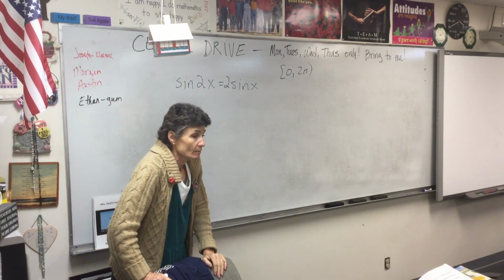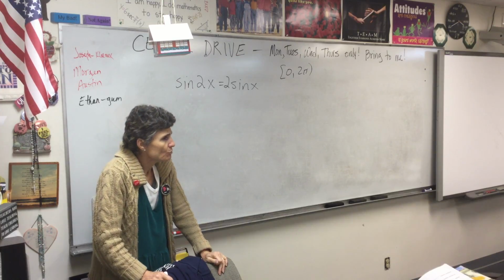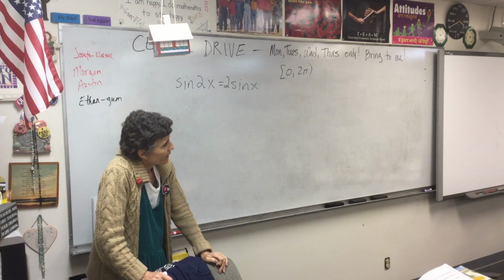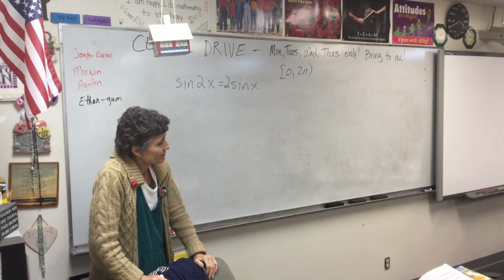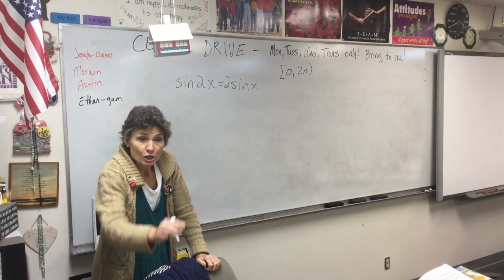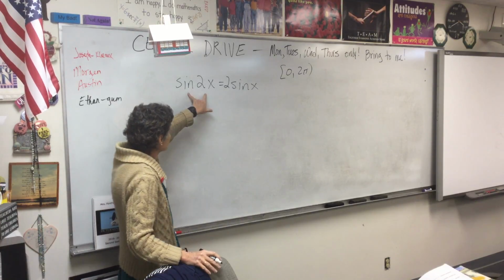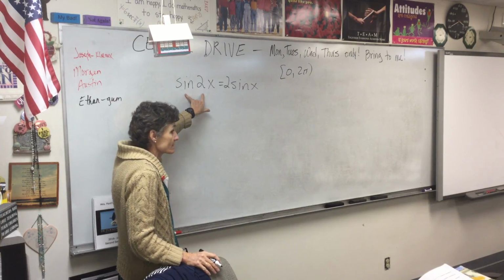Okay, so what are your thoughts when you see this problem? Knowing what you know right now, and I know you've never solved an equation like this before, but you do know some stuff. What might we do to get the ball rolling? Change this into what we know it is. What is sine 2x?